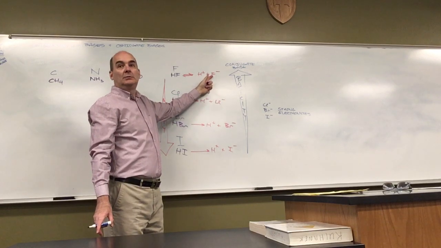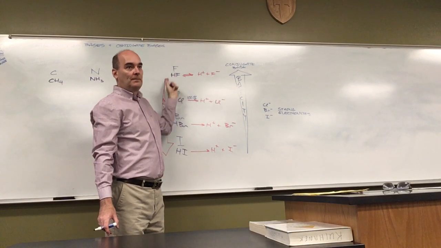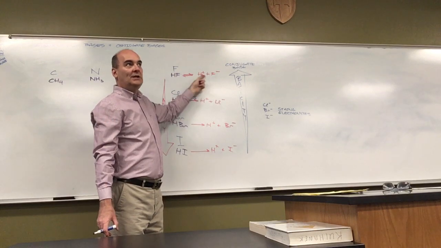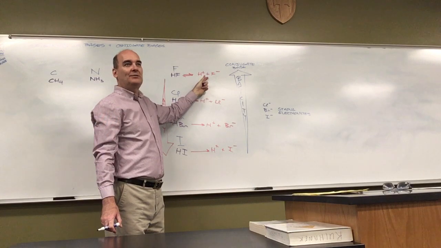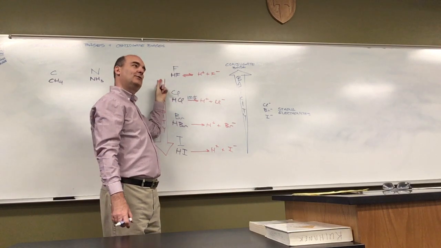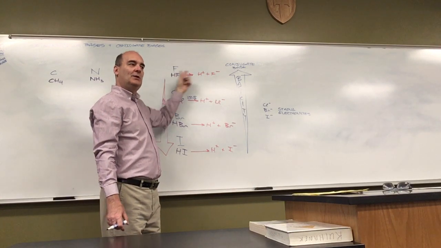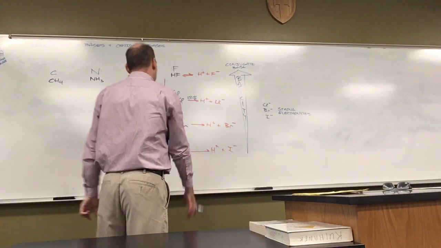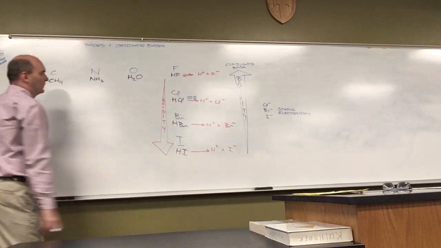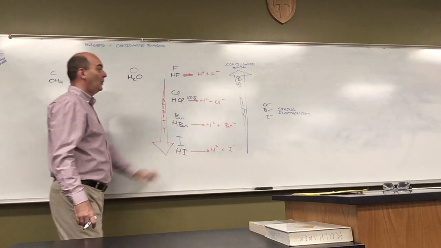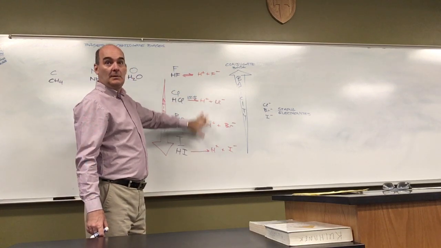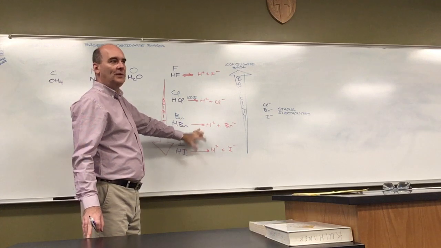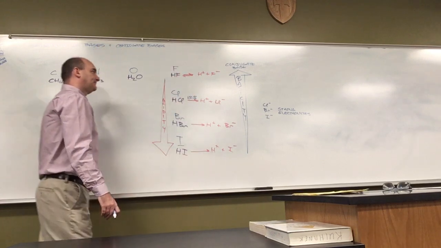F minus, not the same thing at all. When it comes off, because it's so small and so electronegative, it has an interest in recombining. So this one's in equilibrium. Okay? So that acidity trend we spoke about a day or two ago, it's mostly size, because the iodide is enormous and the fluoride is tiny.